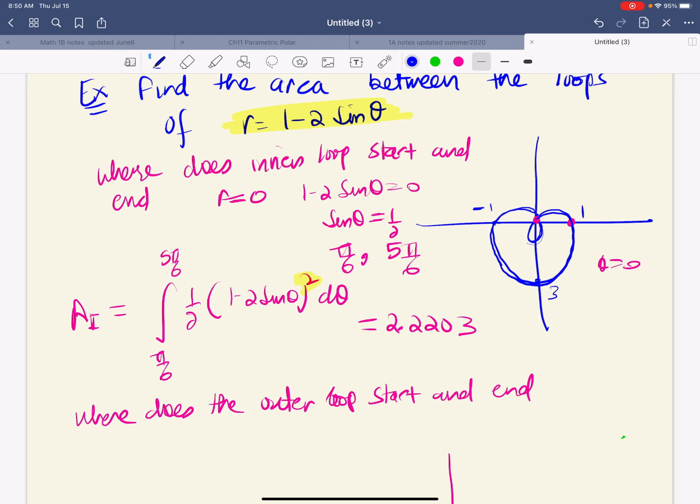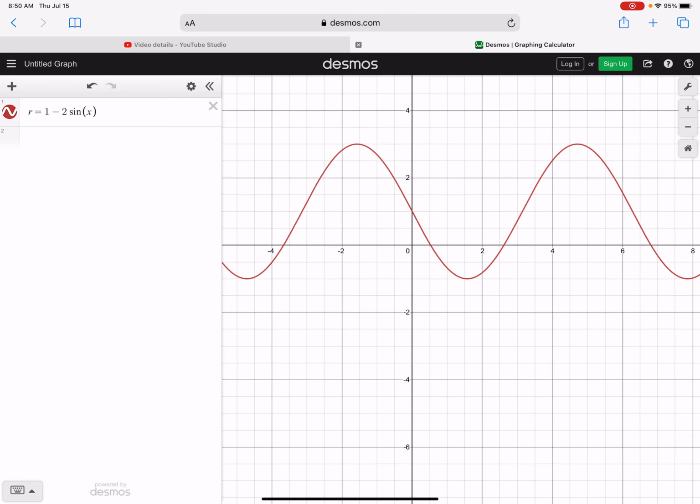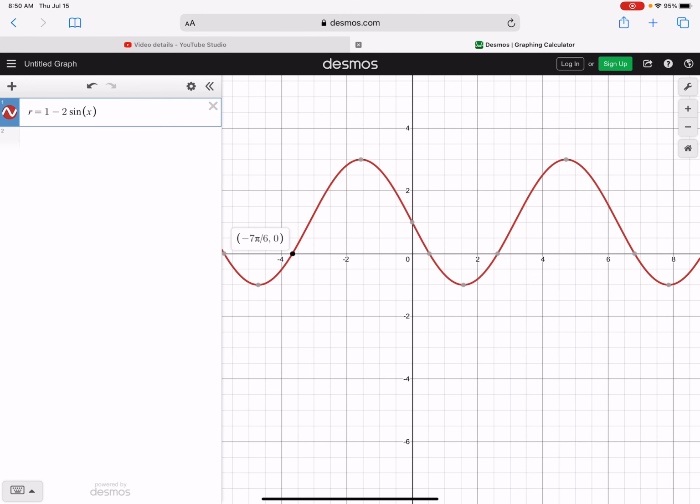Or instead of starting at theta equal to 0, I can go way back, before pi over 6, to negative 7 pi over 6, which is easy to see from the graph of this function. If you look carefully here, that's the graph we're looking at. These are the key points I'm interested in. Here's my bigger loop and then my smaller loop.